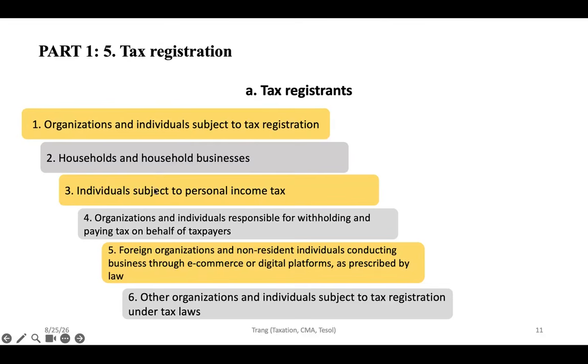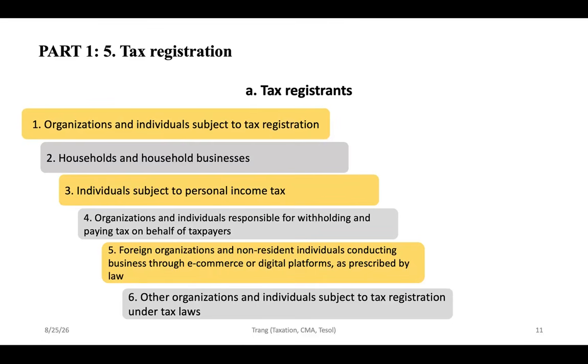Third, individuals subject to personal income tax. This applies to regular employees, freelancers, or anyone earning an income that meets the taxable threshold. Fourth, look at the organization and individuals responsible for withholding and paying tax on behalf of the taxpayer.